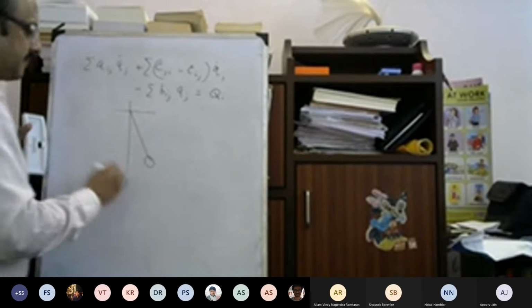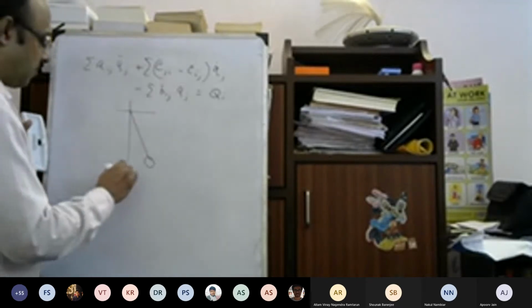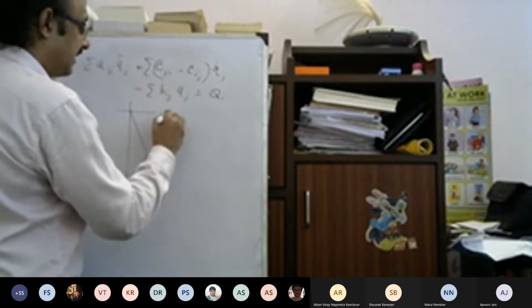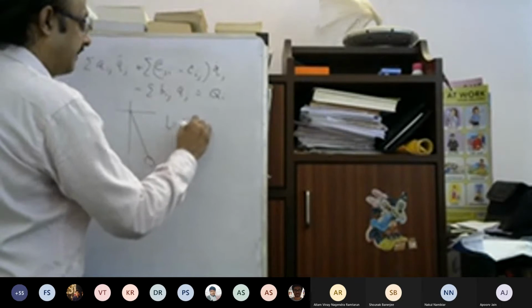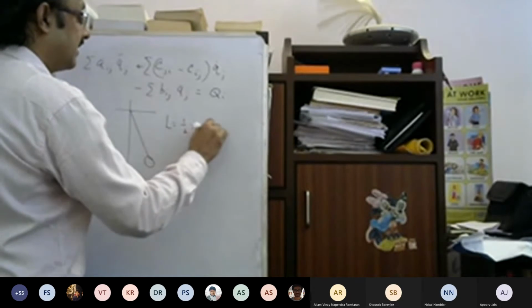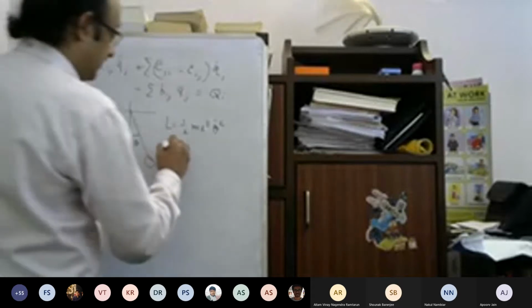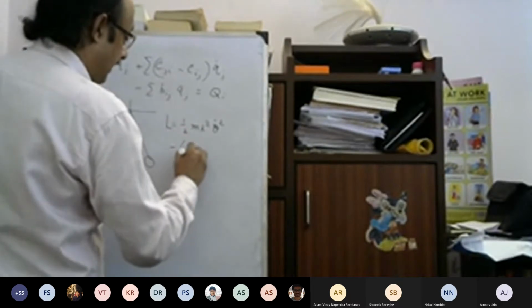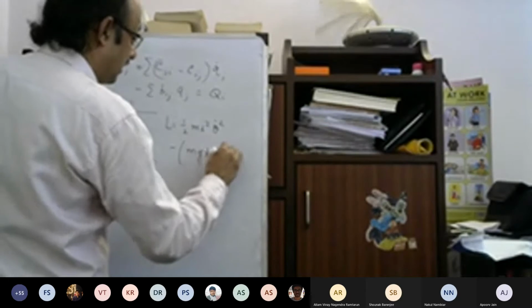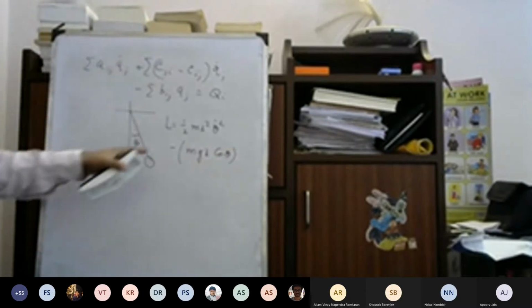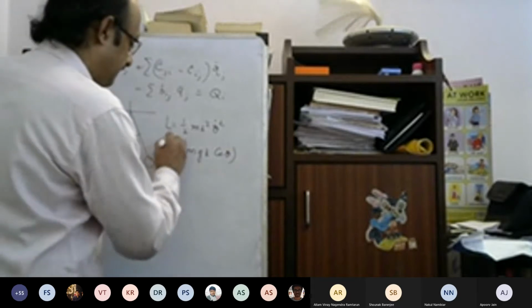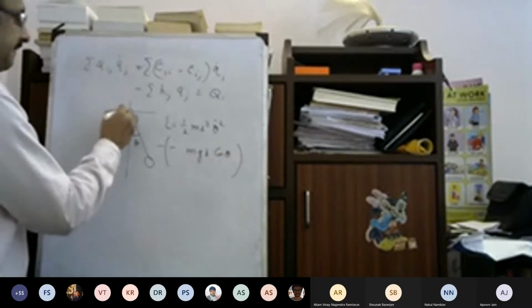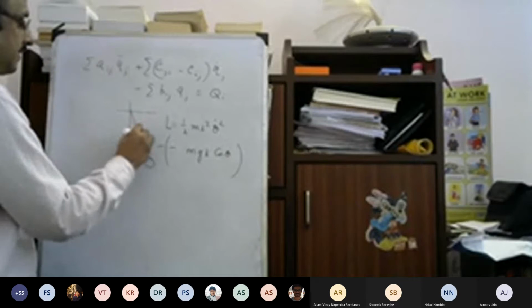Now that is important because we know that here, for example, I have this pendulum. The kinetic energy, L, will be equal to half ml square theta dot square, minus mgl cosine theta, because if I consider this as our reference point, then this distance will be equal to L cosine theta.